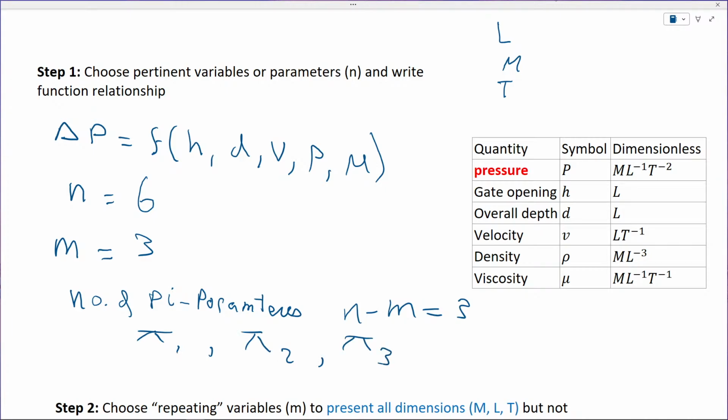In the previous problem that I showed in the lesson, we only had 2 pi's. Why? Because we only had 5 parameters, we didn't have 6. But now here we have 3 pi's, 3 dimensionless parameters, because we have 6 parameters. If we have 7 parameters, then this would be 4.